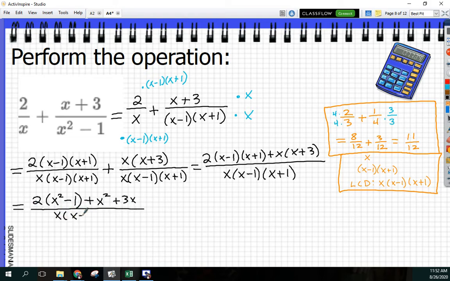And my denominator, again, does not change. So then distributing that 2, I get 2x squared minus 2 plus x squared plus 3x.